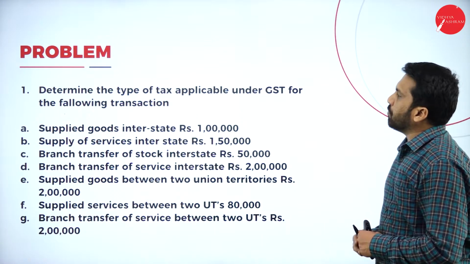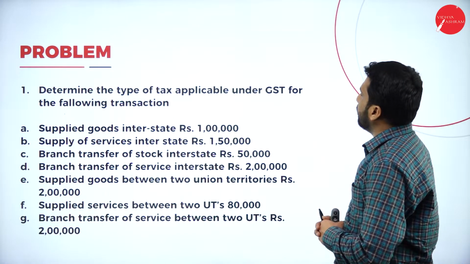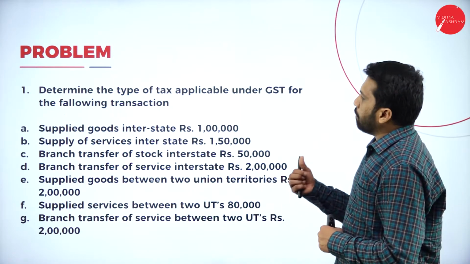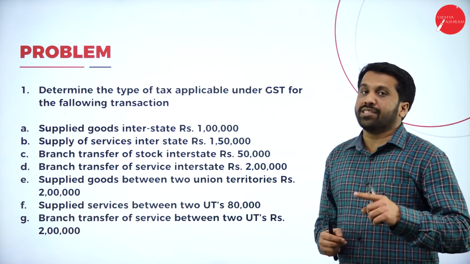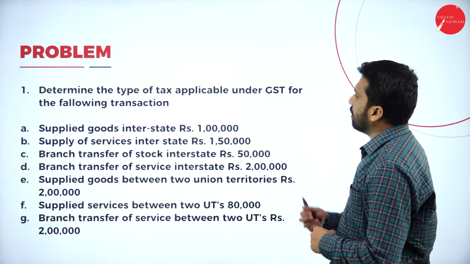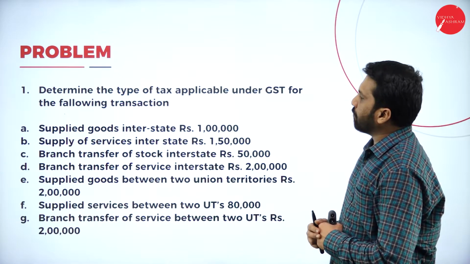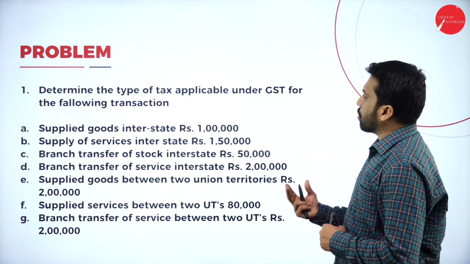These are the information we have. Determine the type of tax applicable under GST for the following transactions. Supplied goods interstate. Interstate means what? One state to another state. Supply of services interstate, rupees 1,50,000. Branch transfer of stock.